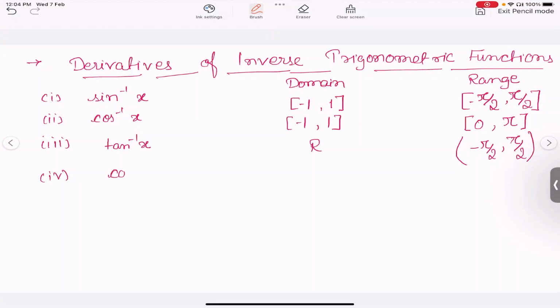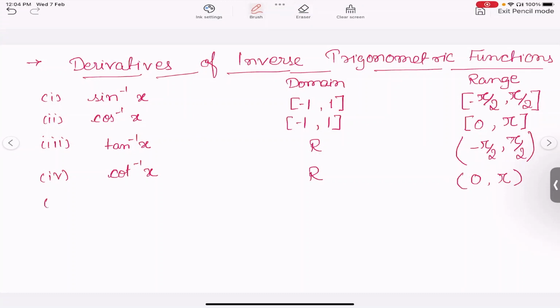Similarly, for cot inverse x, the domain will be all the real numbers, and the range will be 0 to pi, both the points excluded.